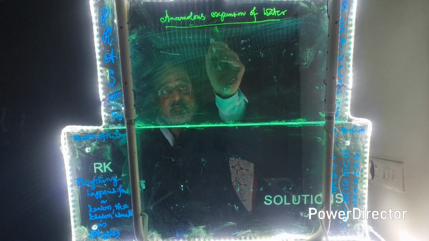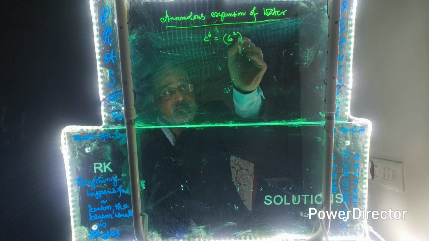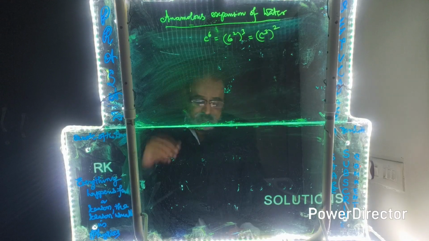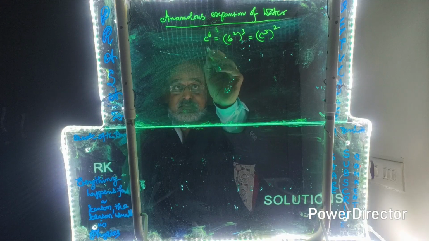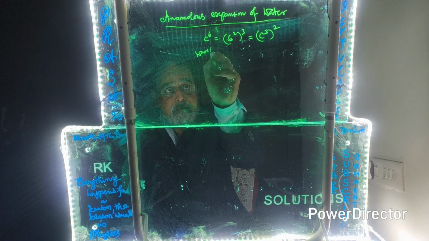So now 3 raised to 6 is equal to c squared k c k squared. That is, this contains both wave and particle.